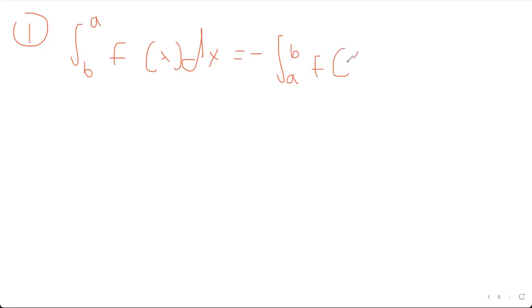The first one is that when you have an integral from b to a of f of x dx, it's equal to the negative of the integral from a to b of f of x dx. You're just going to take the negative of it.